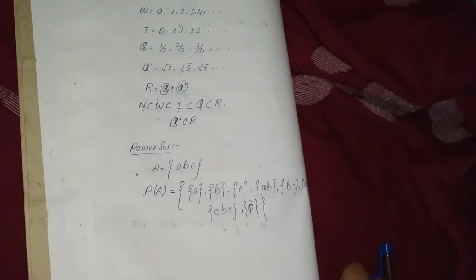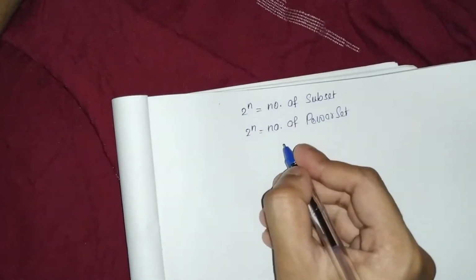For both only one formula is available. 2 to the power n is equal to the number of subsets, or again 2 to the power n is equal to the number of power sets.